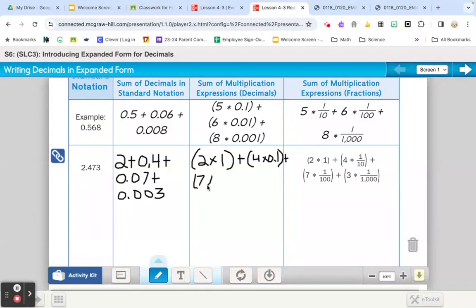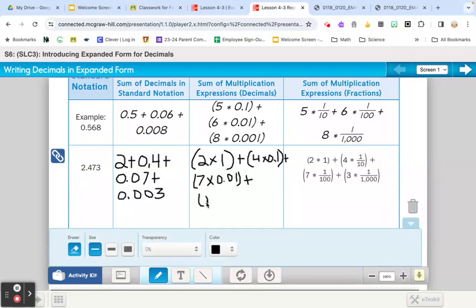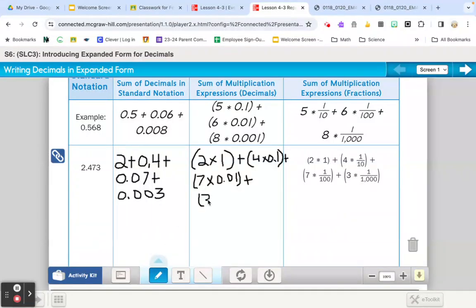So 7 times 0 and 100th, close parenthesis, plus our last digit is a 3, so parenthesis again, 3, in our thousandths place.